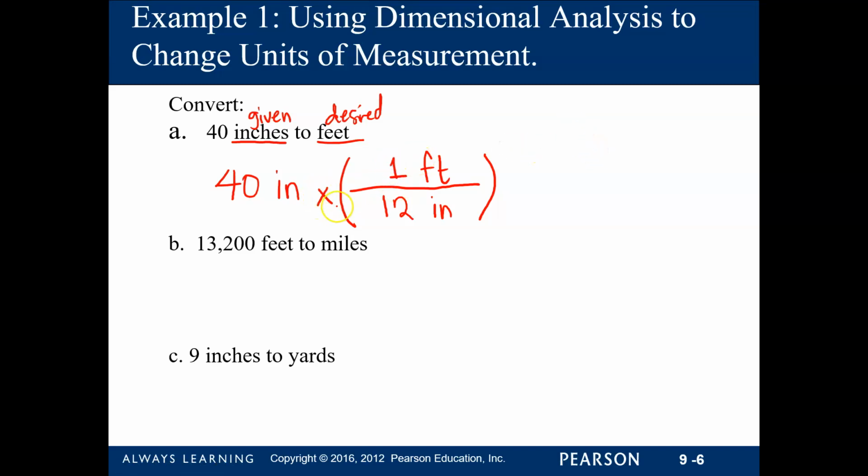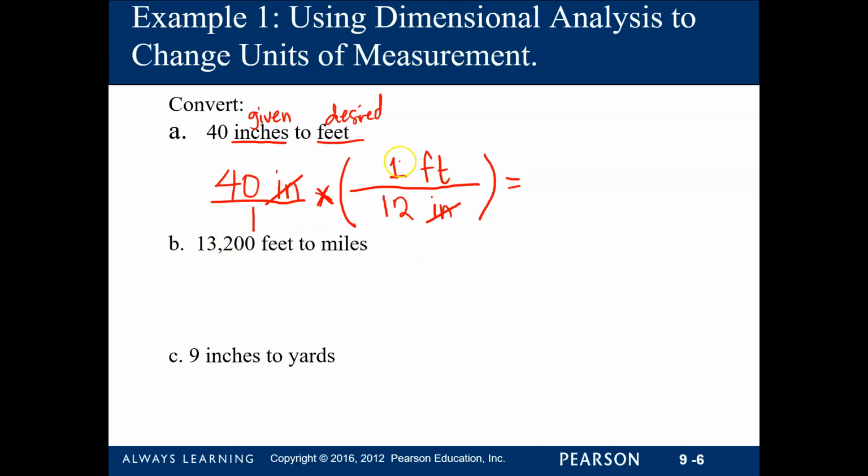So what we do now is we multiply these two. In this case, inches is going to be canceled out. Why? Inches divided by inches is going to be 1. So that is now canceled. Remember, when you are multiplying fractions, numerator multiplied to the numerator, that's technically 40 inches over 1. Numerator times numerator, denominator times denominator.